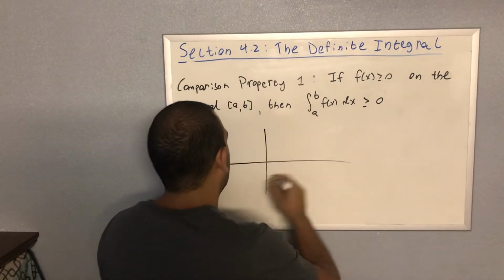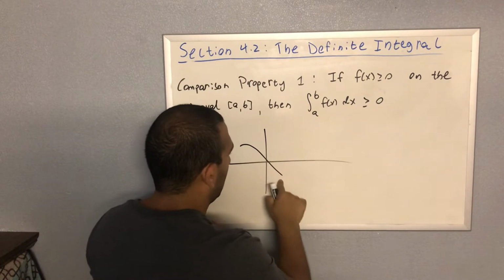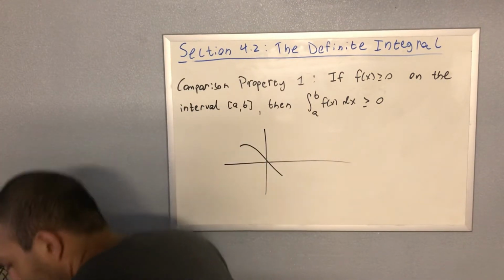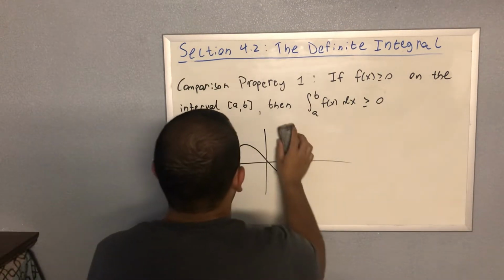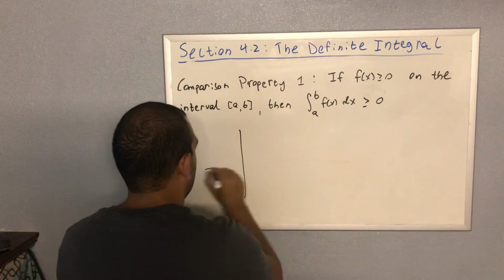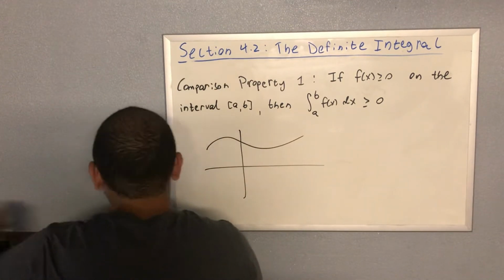Like, for example, this means your function never does this. It never goes below the x-axis. It never gets negative values. So if it never has any negative values, then it looks like this. You know, it's just chilling above the x-axis.